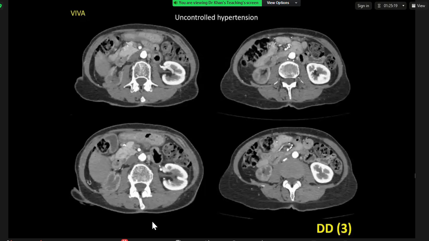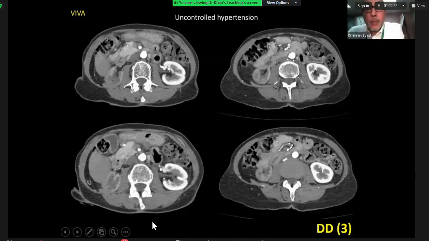I can also see it's relatively smaller in size in comparison to the other side. Given the history of uncontrolled hypertension, I'm suspecting that there is a right renal artery stenosis, which I cannot appreciate on this.